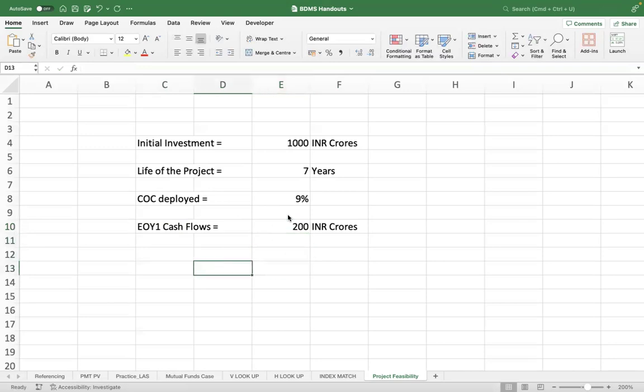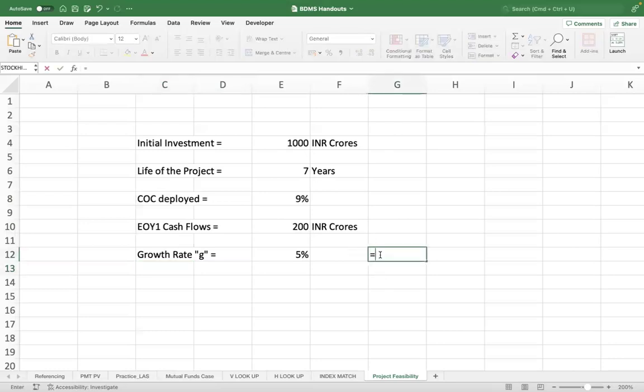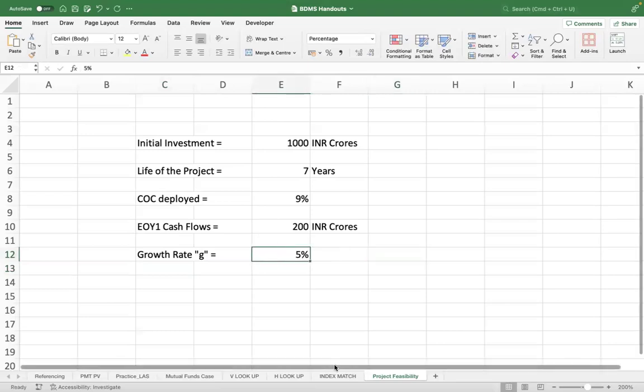And thereafter, these cash flows are expected to grow at, let's say, 5% annually. Well, let's keep it 10% annually. Keep it simple, 10% annual growth on your cash flows.